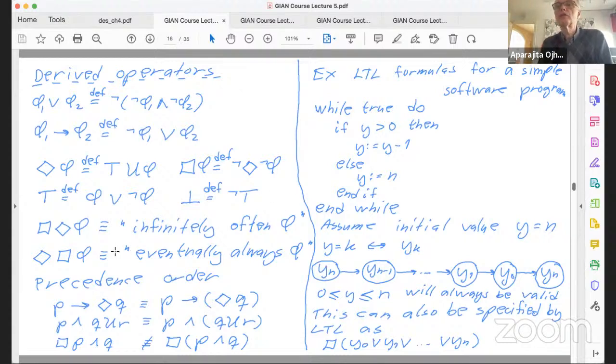Now I would like to illustrate how LTL formulas can be used to specify properties of a very simple software program, just to illustrate that this type of temporal logic is useful to specify general software.